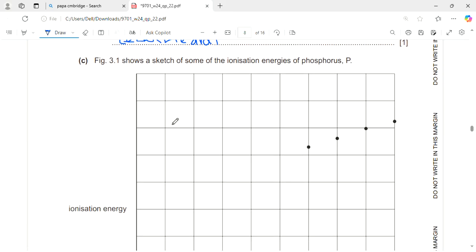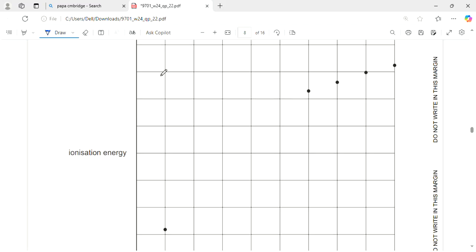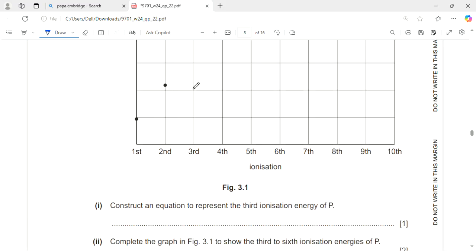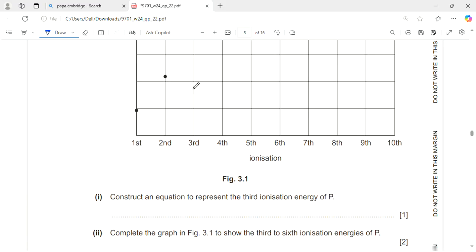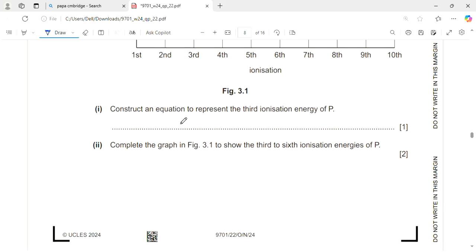Figure 3.1 shows a sketch of the ionization energies of phosphorus: the first, second, third. Construct an equation to represent the third ionization energy of phosphorus.